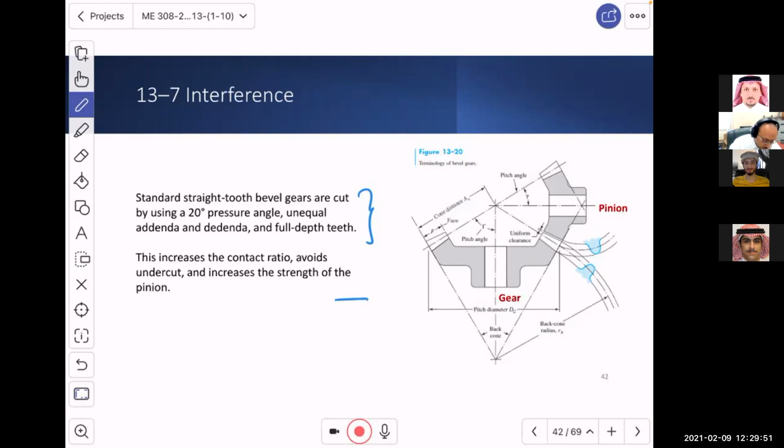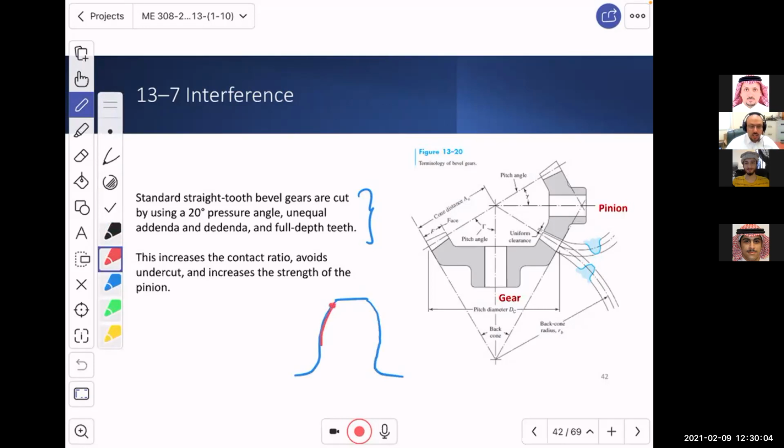So if you have a tooth like this, you can imagine that this is the profile of the tooth. Now, let's say for the sake of fun that this part from here to there is the involute profile, the rest is just a body. Undercut, in simple terms, means that somebody, while machining the gear, cut this one a little bit more.